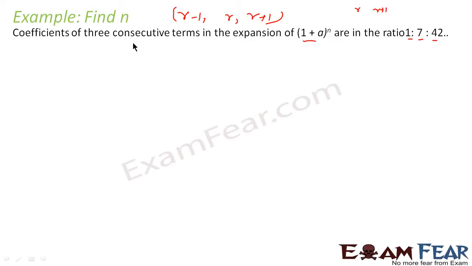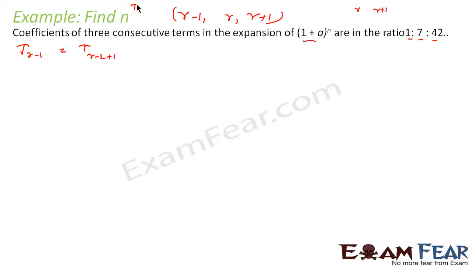So we have been told that the coefficients of 3 consecutive terms are in ratio 1:7:42 for the expansion of (1 + a) to the power n, and we have to find the value of n. When I say t of r minus 1, I can also say this as t of r minus 1. Why am I doing it like this?